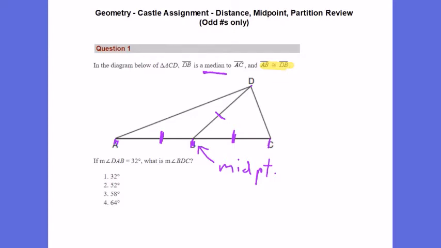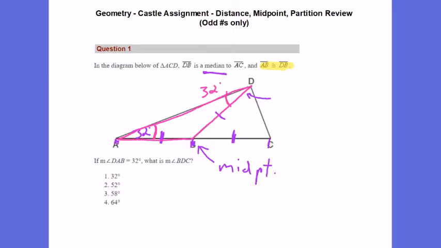So what else? If DAB is 32 degrees, we want to find BDC. BDC is this one right here. All right, so if you notice, this triangle here has two sides that are the same, which means that if this is 32, then this angle here is 32.